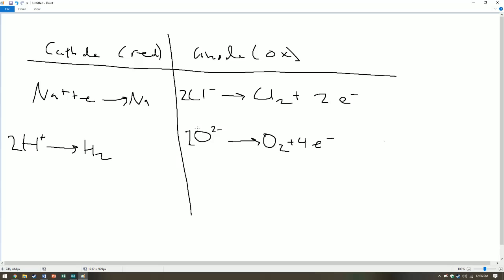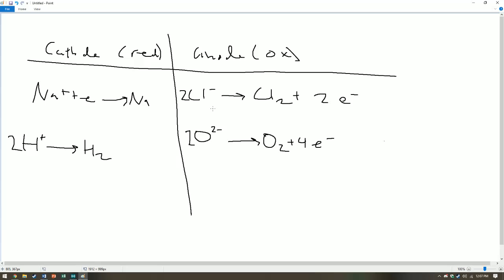Now, the way I go about it is sort of like this. So first let's consider the anode. We want oxidation, and in order for something to oxidize, generally the things that are stronger reducing agents or easier to oxidize have low electronegativities and low ionization energies. Now, in this case, chlorine and oxygen are both on the non-metal side of the table, and they're pretty close, and therefore they behave similarly.